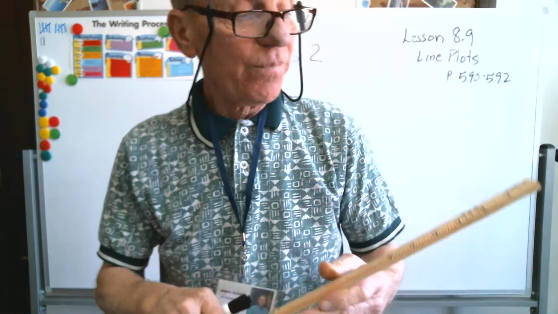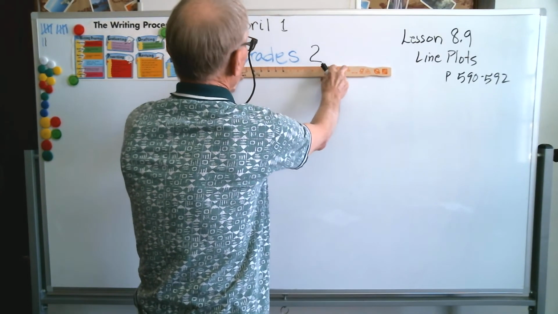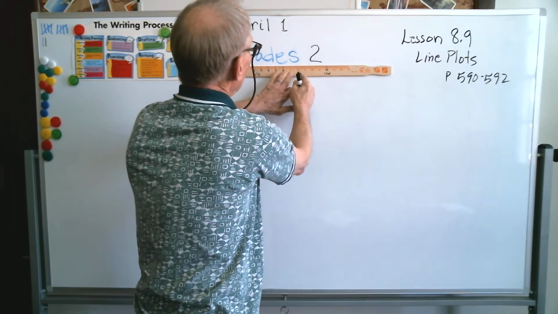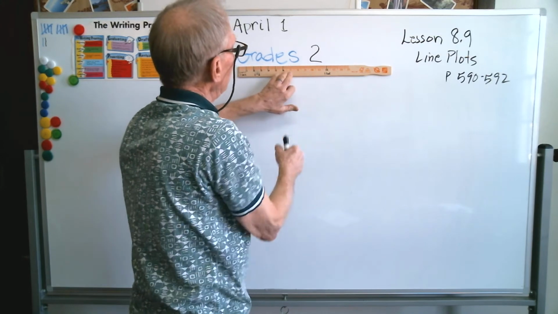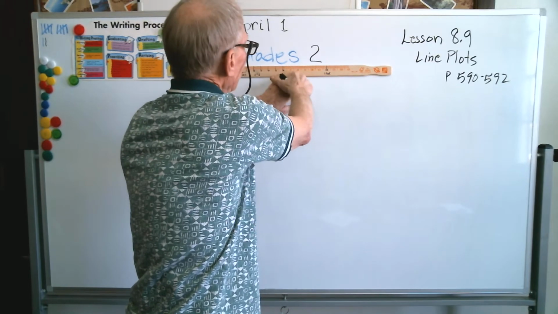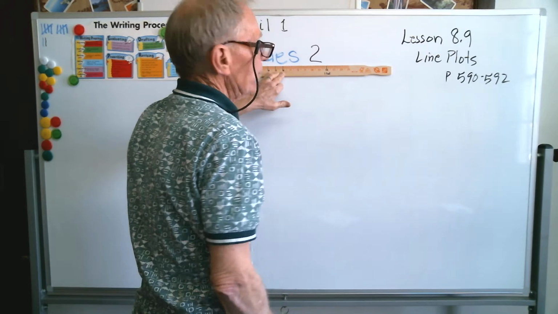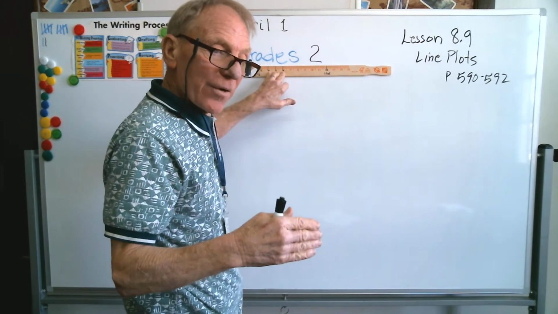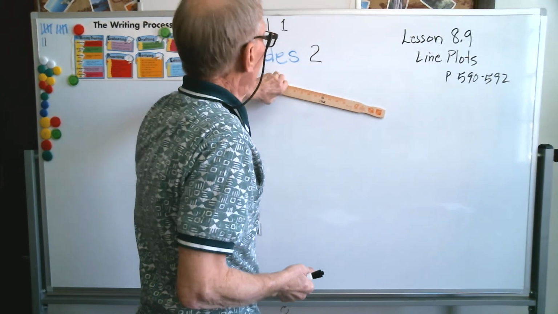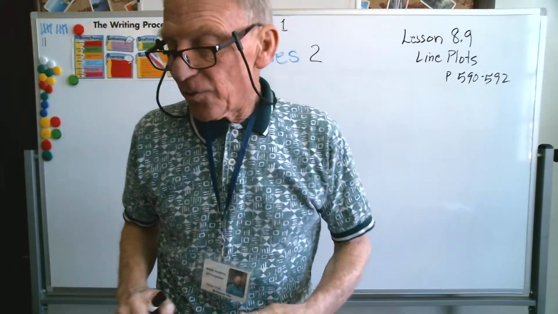With a ruler, if you want to measure something, you start at the end of the ruler where it is 0. And if I was to measure the word grade, it would be 8 1/4 inches. I come down the scale, I see 8 here, and then it's 1/4 of an inch bigger than 8 inches. So it'd be 8 1/4 inches. So that's how you use the ruler. I'm guessing you guys are pretty good at that.